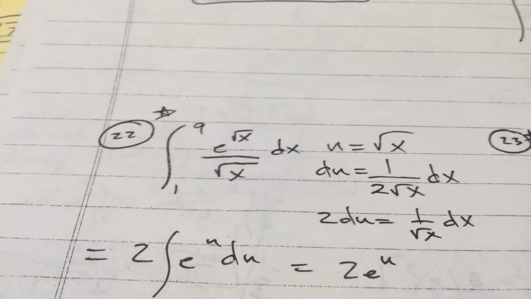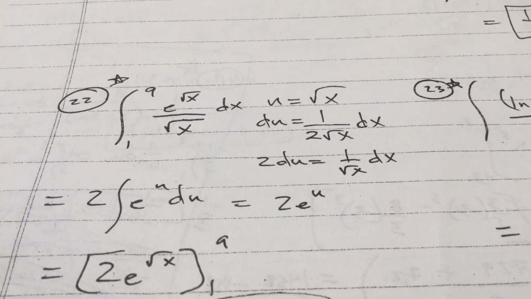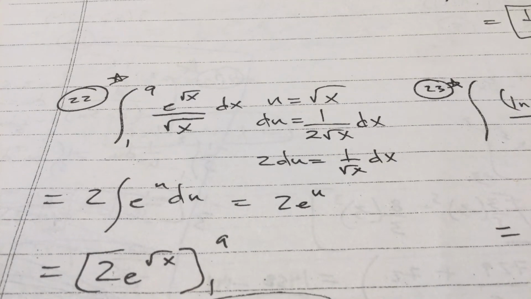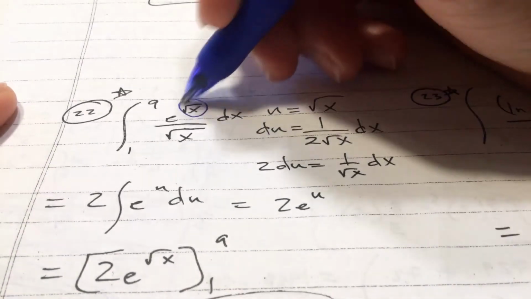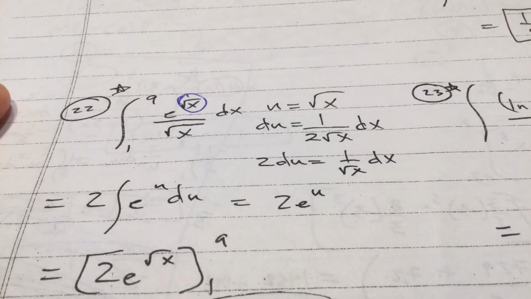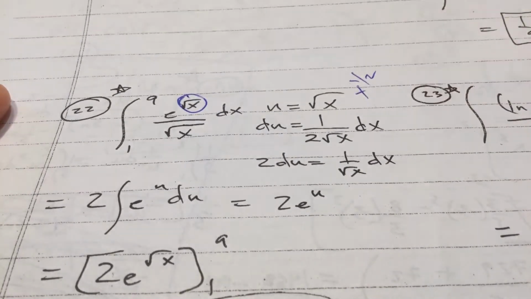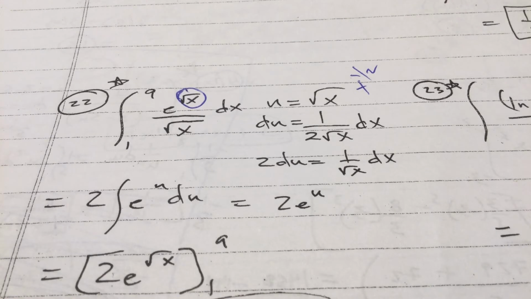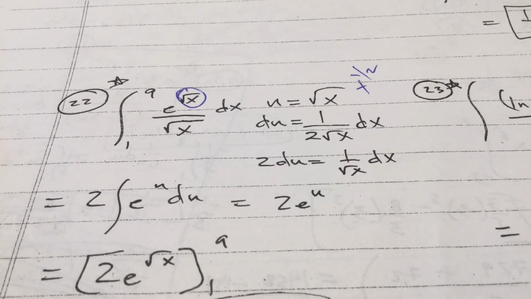All right, 22, possibly u substitution time. If you let u be that, then du, believe it or not, you should know how to do this: bring down the power, one power less. du would be 1 over 2 root x dx.